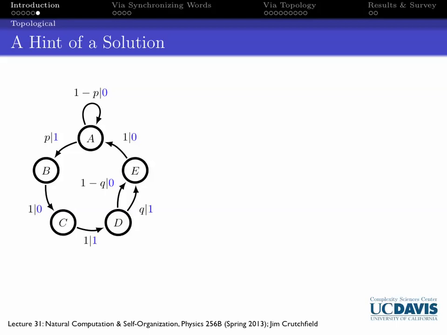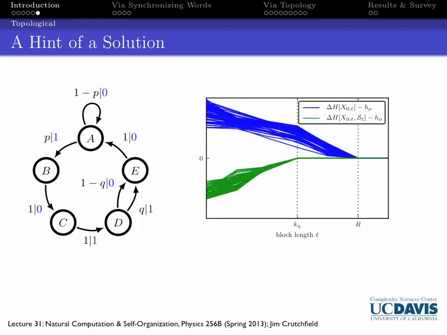We don't know. Any P and Q. And if we sample those P's and Q's at random and plot the block entropy and the block state entropies, we end up with this. This is actually minus the entropy rate of that particular set of P's and Q's. So we know they limit to E plus L h mu. So if we subtract out that asymptote, we know they should go to 0. And we see they do.